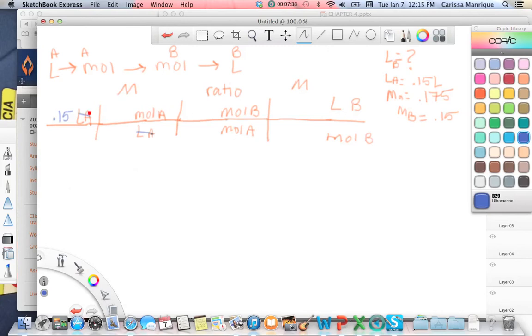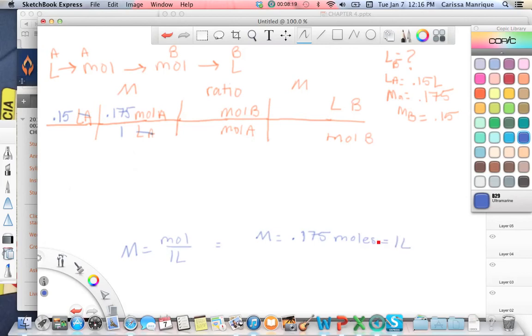And that's going to be 0.175 per 1 liter. Because when we write this again, molarity equals moles per 1 liter. So when you give a molarity of 0.175, another way of writing that is 0.175 moles equals 1 liter.